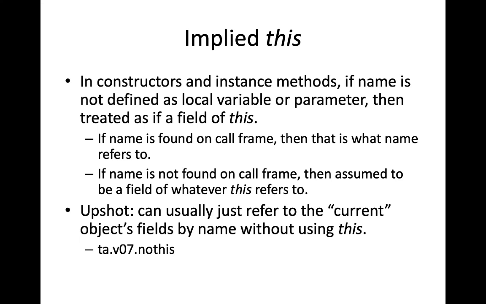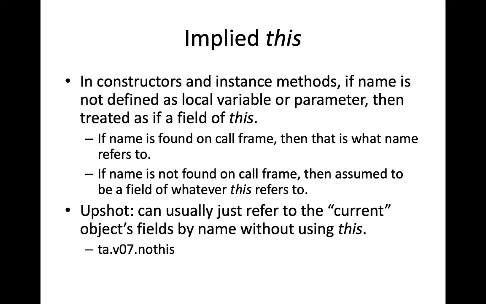So this keyword is very useful inside a constructor or inside a method to refer to the current object, right? Whatever object I'm supposed to be working with and manipulating or otherwise is the current object, right? The object whose reference was used in order to get to this method.